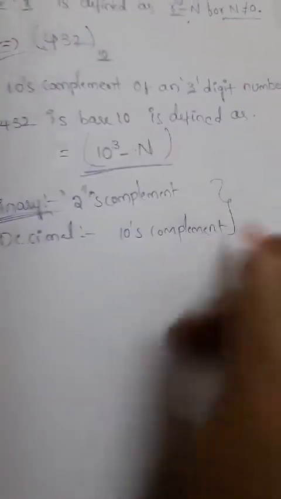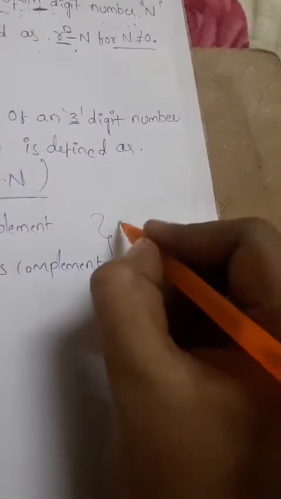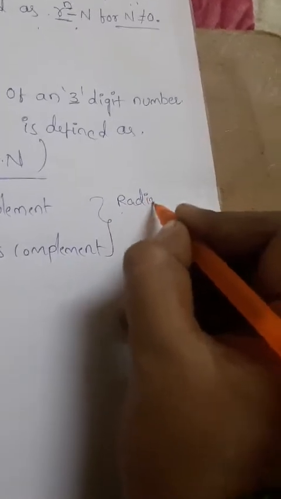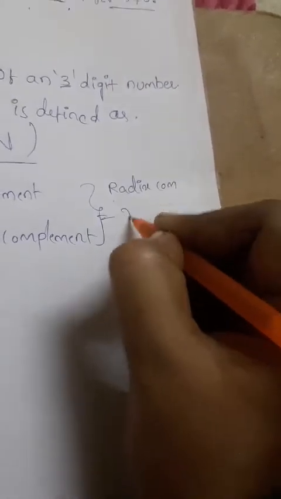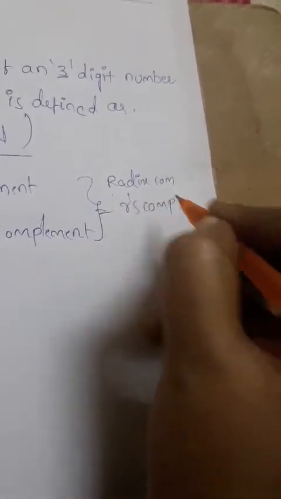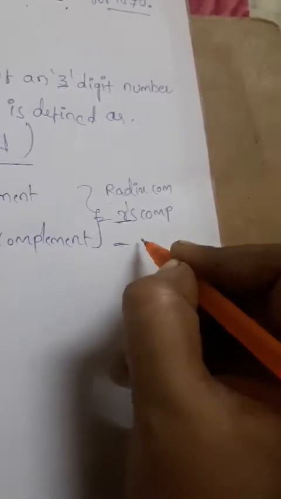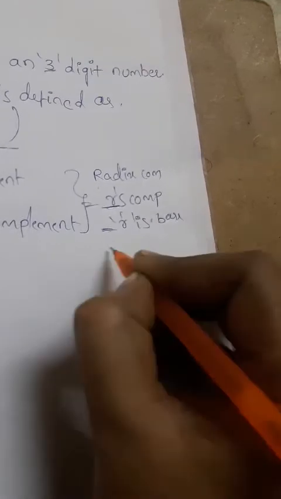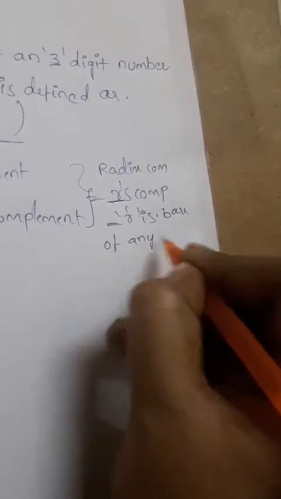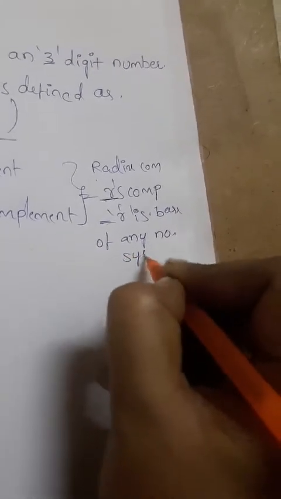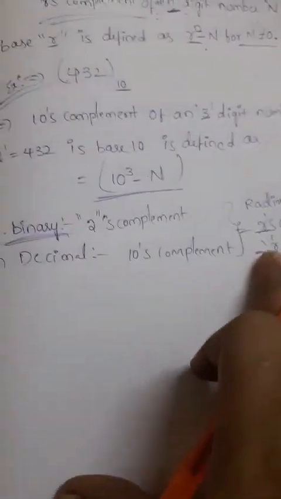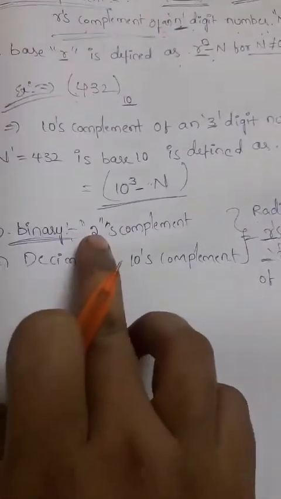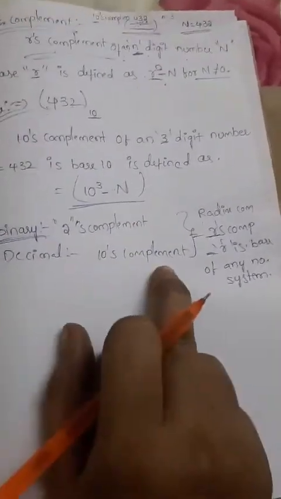So how to define these two terms: the radix complement is equal to the R's complement, where R is defined as the base of any number system. Binary base is 2 and decimal base is 10, so we get the 2's complement and the 10's complement.